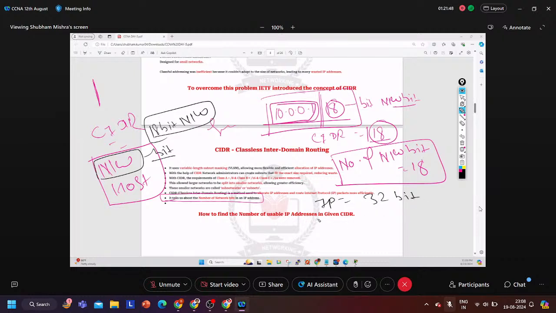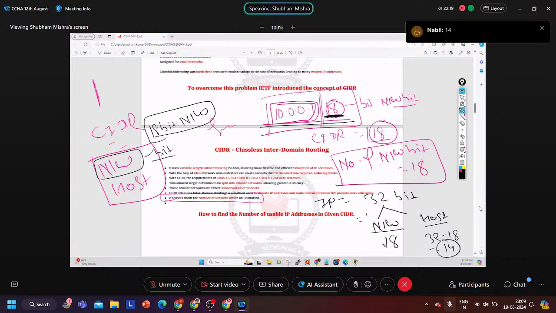In 32 bits, I told you an IP address is made up of network bits and host bits. So in this IP address, how many network bits? 18 bits are network bits. Then what will be the host bits? 32 minus 18. How much? 14. Do you guys understand?